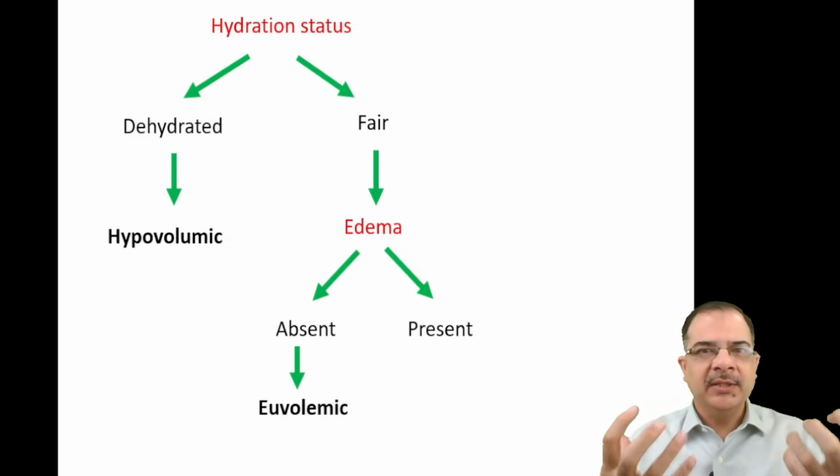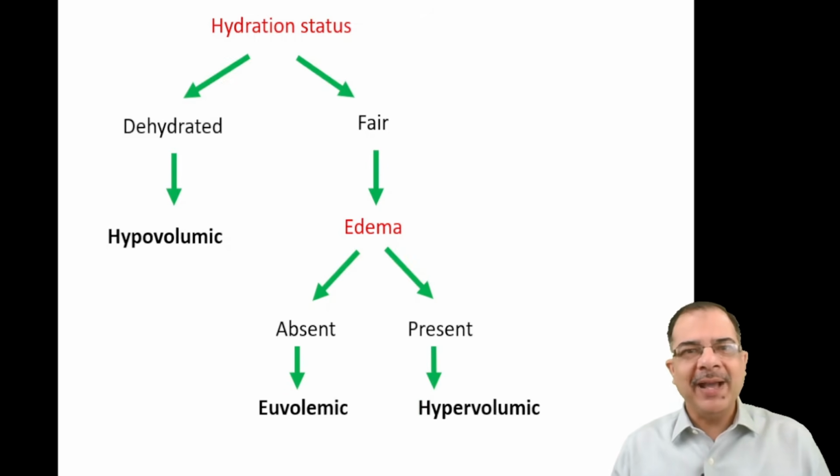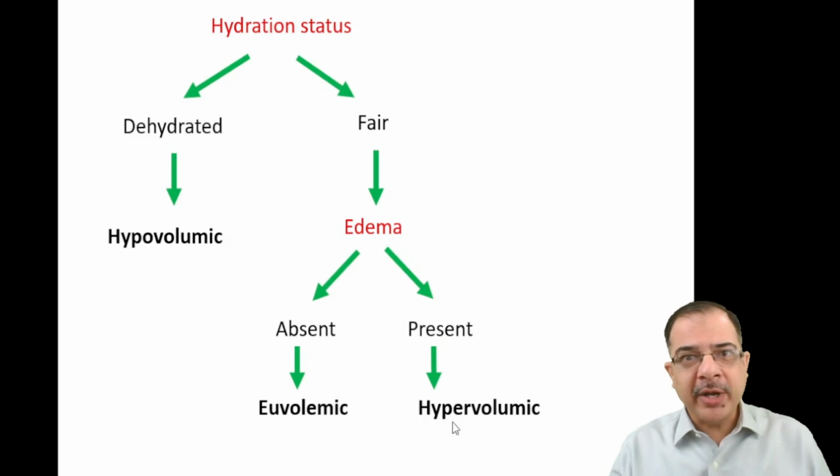So the sodium concentration will be low, and clinically edema features will be present. So this is known as hypervolumic hyponatremia, because the management of all the three conditions is different. For example, in hypervolumic we will do water restriction, while water restriction is absolutely contraindicated in hypovolumic.